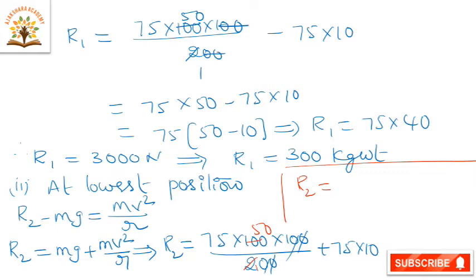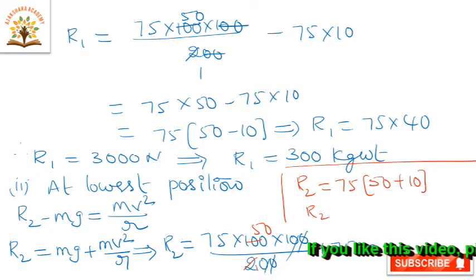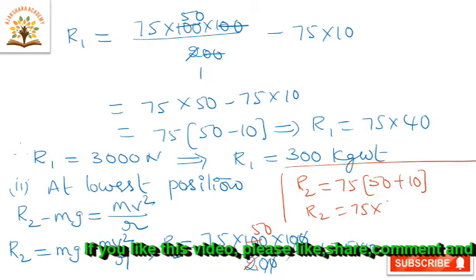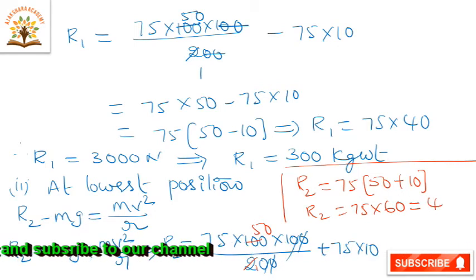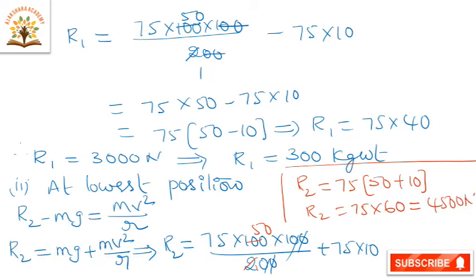Here taking 75 common, 50 plus 10. So R2 is equal to 75 into 60. So that is equal to 4500 newtons. So finally we are getting the answer R2 is equal to, in terms of kilogram weight, 450 kilogram weight.